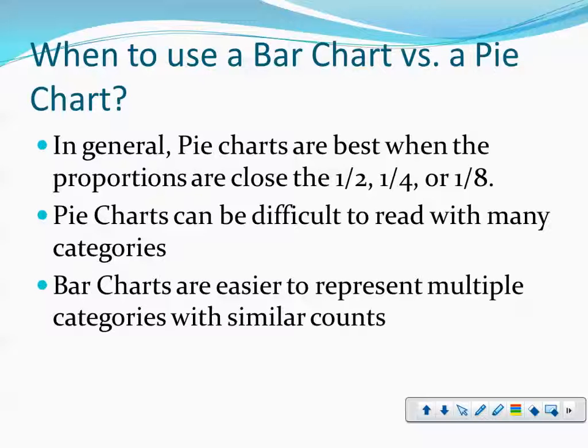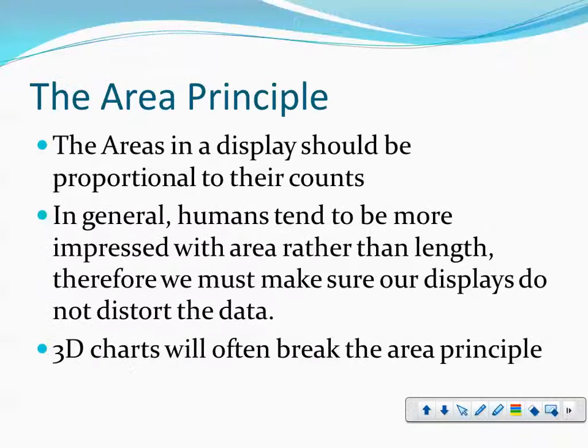The other one that comes up real big is what's called the area principle. The area principle basically says that areas in a display need to be proportional to their counts. We as humans tend to be more impressed with area than length. When we see something as bigger in a proportional, two-dimensional way, we think that's more impressive than simply the length.